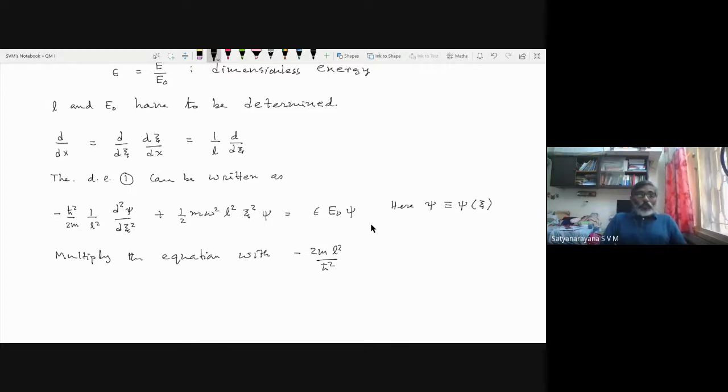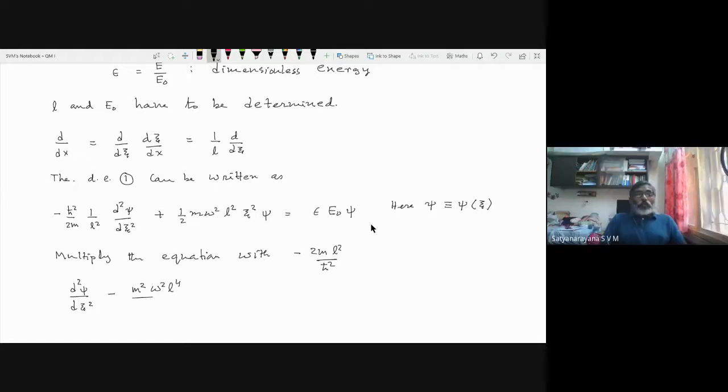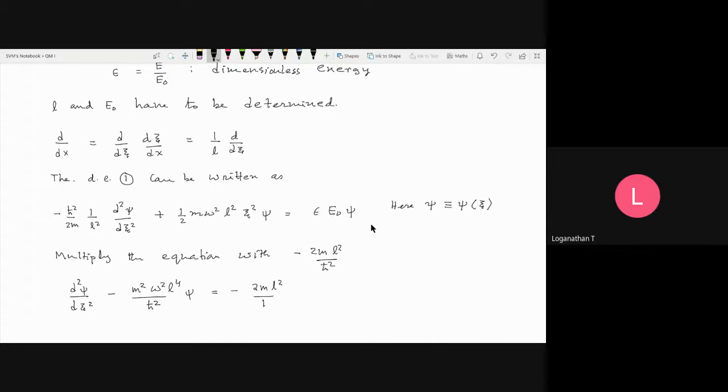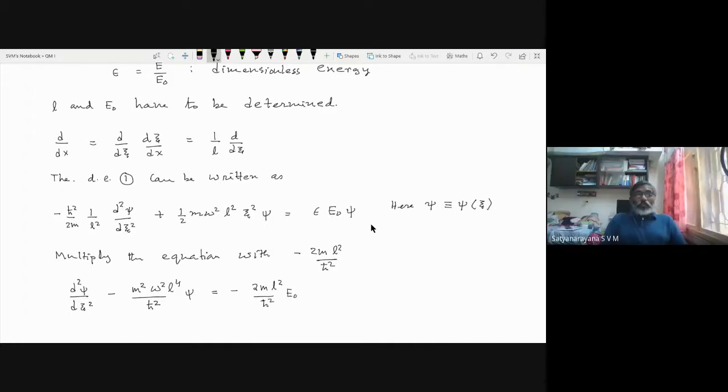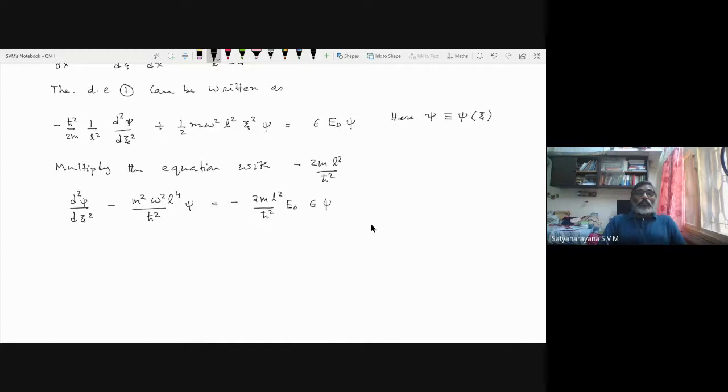Then this term will become simply d2 psi by d xi 2 minus, the 2 and 2 get cancelled, so I have m square omega square L to the power 4 divided by h bar square into xi square psi is equal to minus twice m L square by h bar square into E naught into epsilon psi. So this is the equation we have.